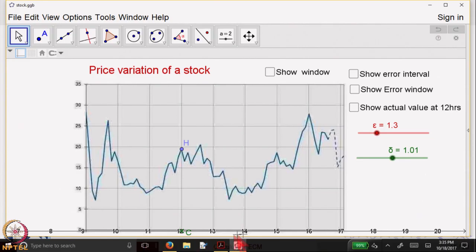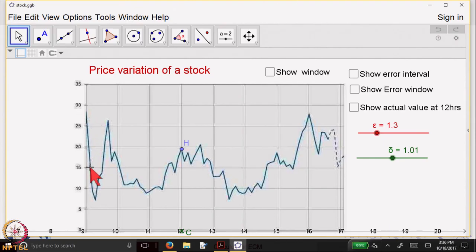At the bottom is the time frame: 9 o'clock, 10, 11, 12, 1, 2, 3, 4 and 5. On the y axis you can think of the price of the stock. At 9 o'clock the price was somewhere near 31 or 32, whatever that quantity is.